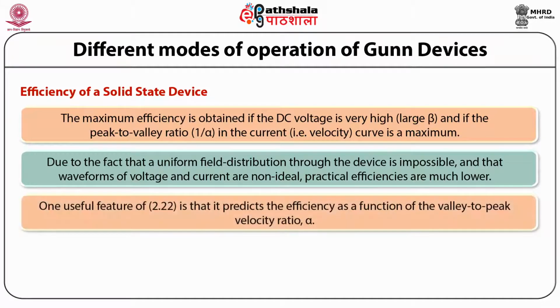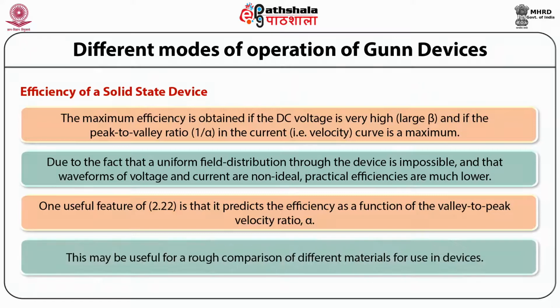So, the important feature of the expression of efficiency is that it predicts the efficiency as a function of the valley to peak velocity ratio alpha. This may be useful for a rough comparison of different materials for use in devices.